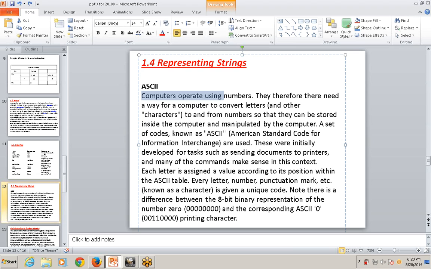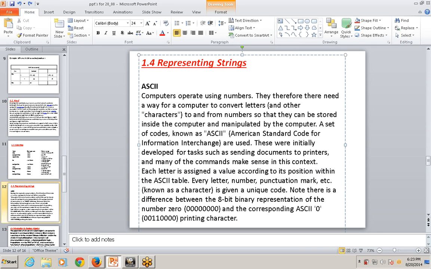A set of codes known as the ASCII code, American Standard Code for Information Interchange, is used. These were initially developed for tasks such as sending documents to a printer, and many of the commands make sense in this context. Each letter is assigned a value according to its position in the ASCII table.